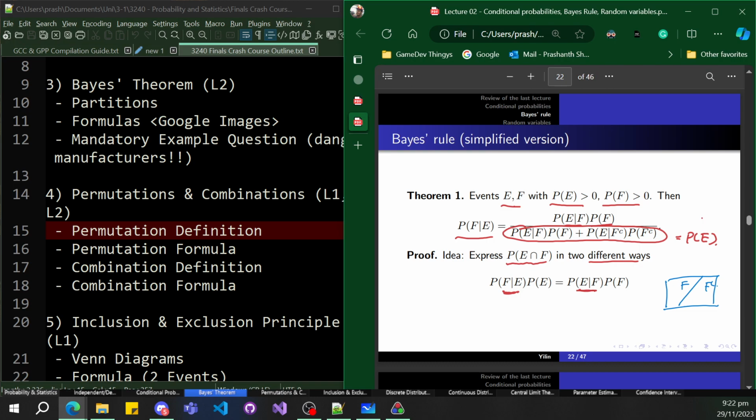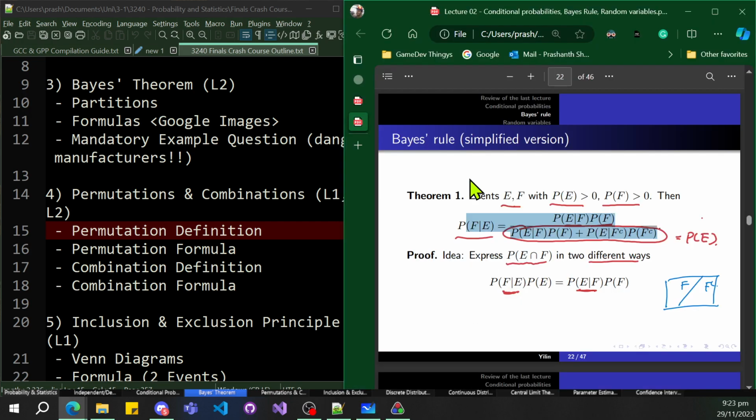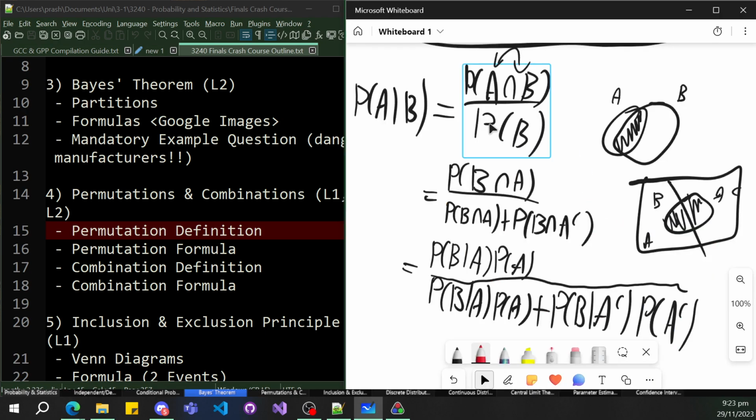What I've written down here is the exact same as what is over here. So you're using partitioning to go from P(B) into B intersect A complement and B intersect A, and then we use our almighty formula from above to make all the intersects into something given something times something.